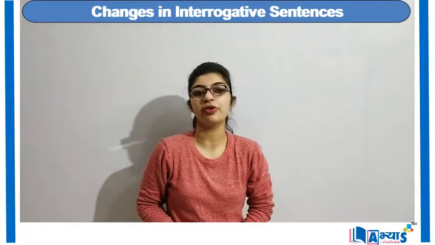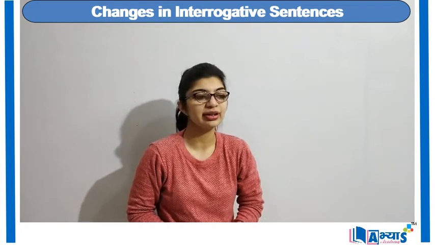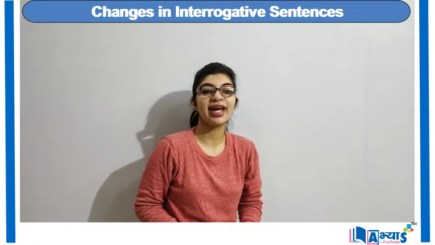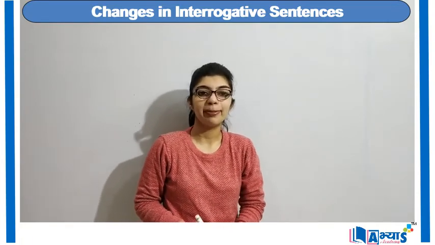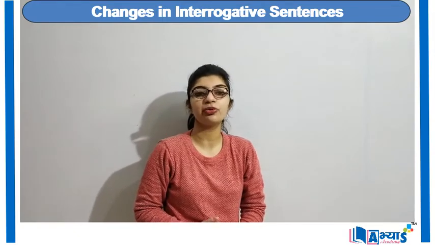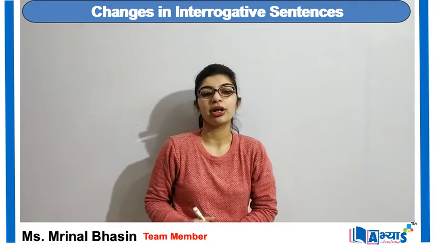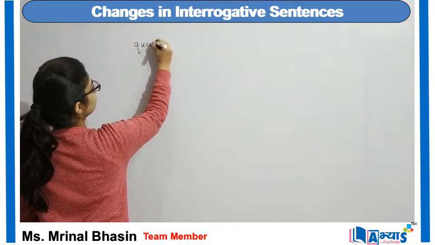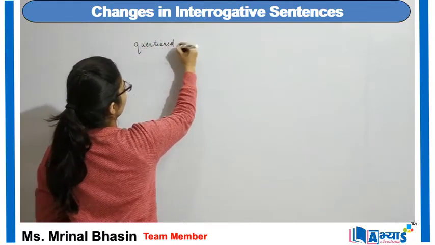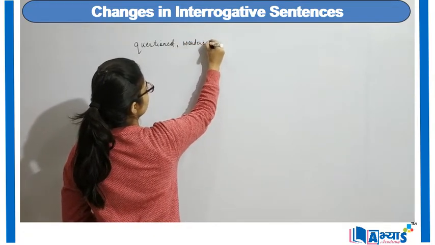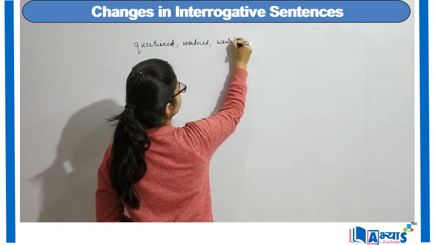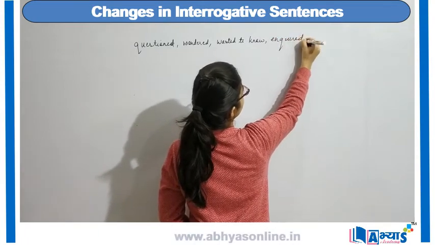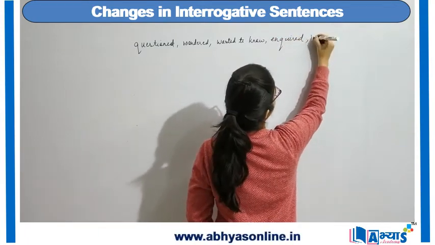Now another important rule for interrogative sentence conversion is that, like in normal sentences, we make use of words like said, told, commanded, but for interrogative sentences, whenever we have to convert them into indirect speech, we will be making use of words like questioned, wondered, wanted to know, inquired, or we can also make use of the word interrogated.